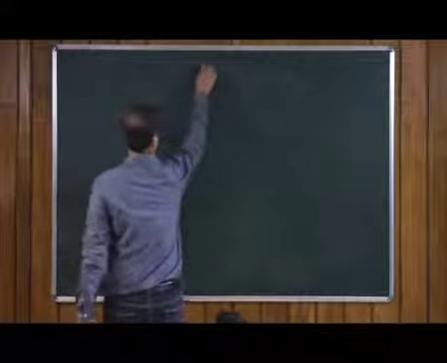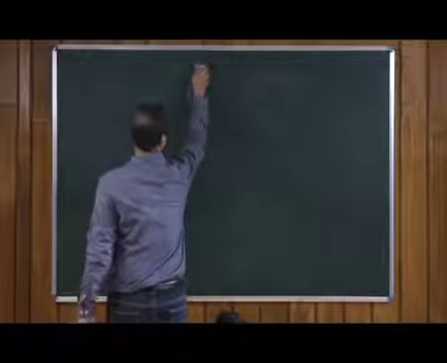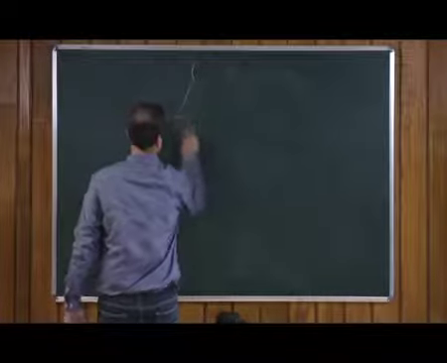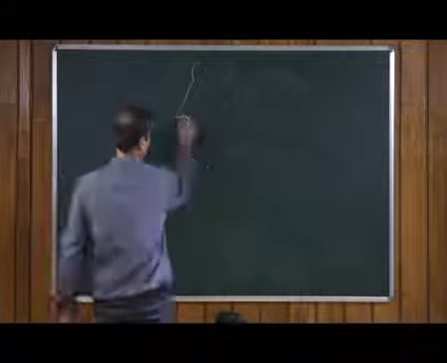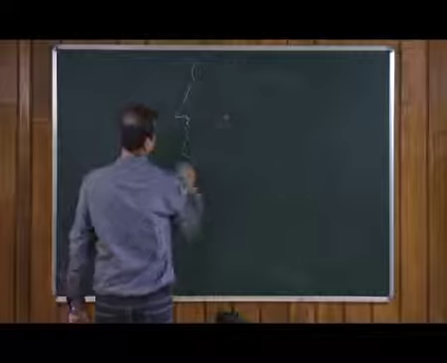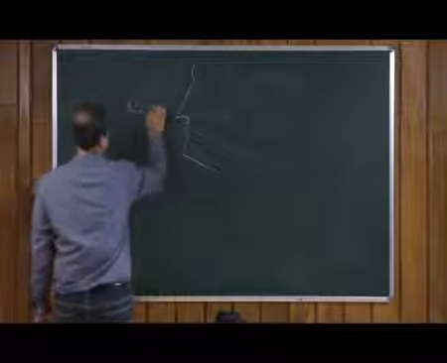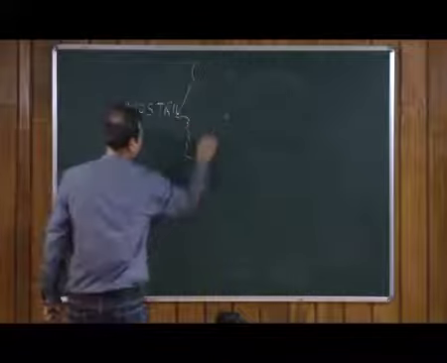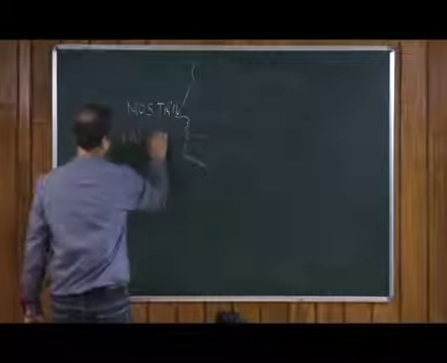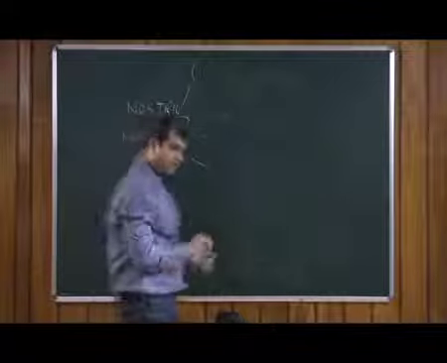So, if we draw roughly, you have the nostril as one passage, and then we have the mouth. A kind of normal passage.